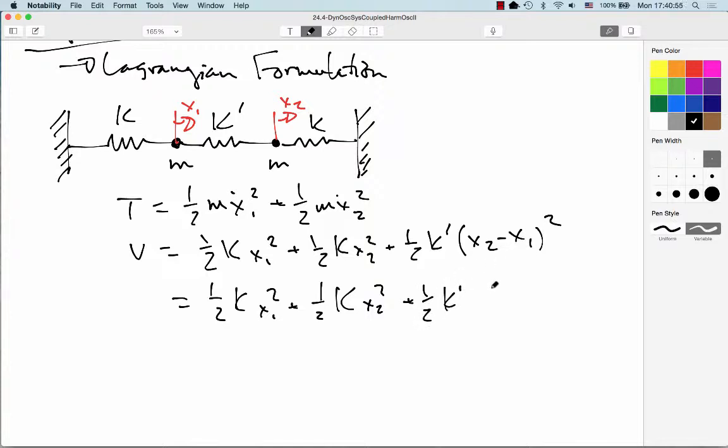Let's see, we're going to get a k prime x2 squared plus 1/2 k prime x1 squared, and then we've got the cross terms. It will be minus 2 times 1/2, which is just minus k prime x1 x2. And so most specifically, this is the coupling term here. Everything else we could deal with.